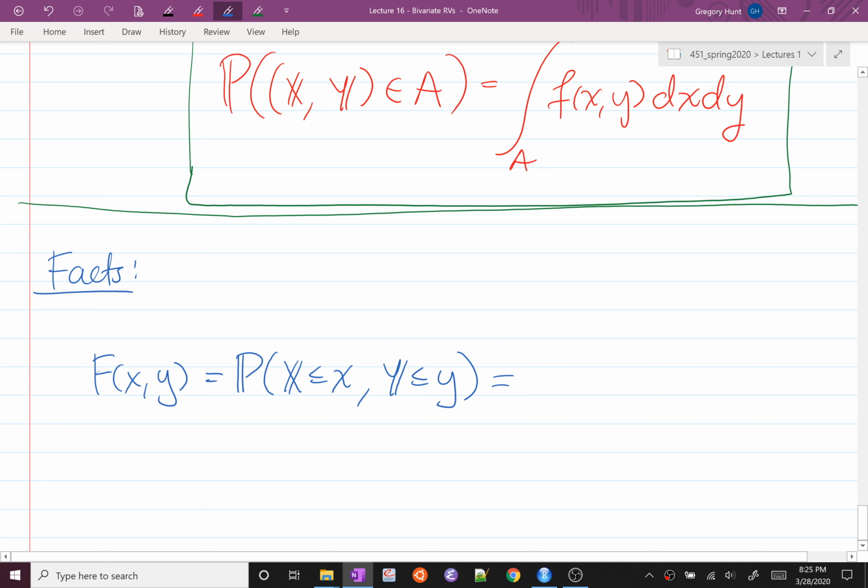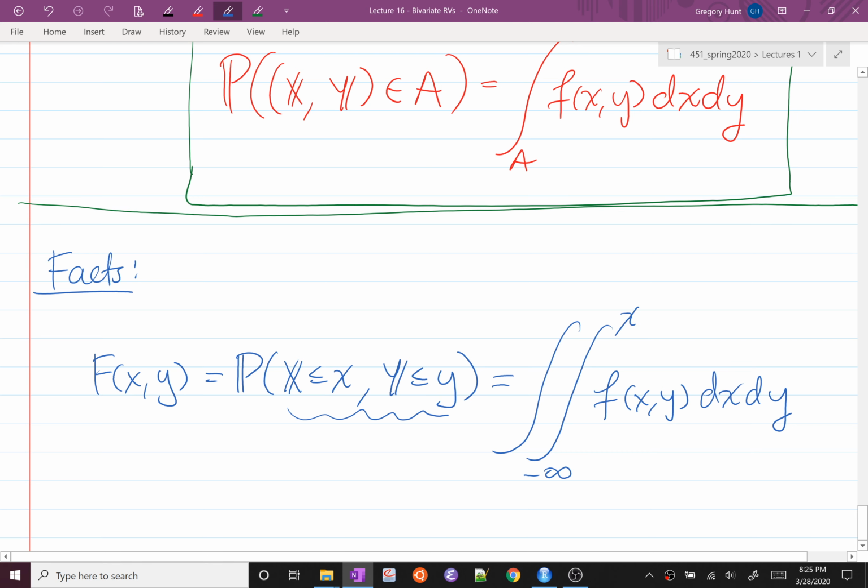And so we could write this in terms of the joint PDF. All we need to do is integrate over the space defined by X being less than little x and Y being less than little y. So if I integrate with respect to x first, I integrate from negative infinity to x and negative infinity to y.